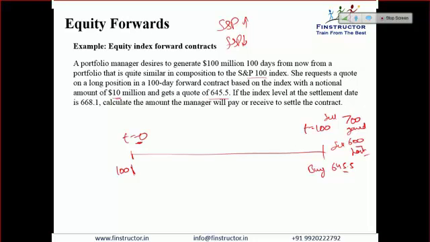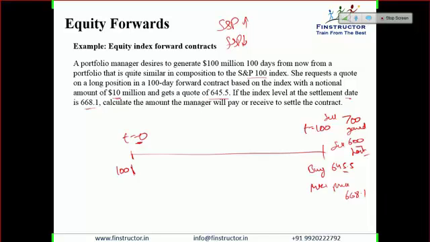So at t equal to 0, the manager longs the S&P 500. If the index level at the settlement date is 668.1, so at t equal to 100 rather, the market price is 668.1.